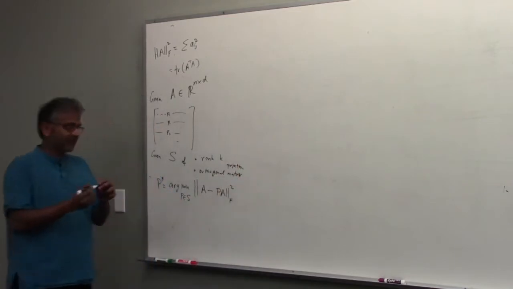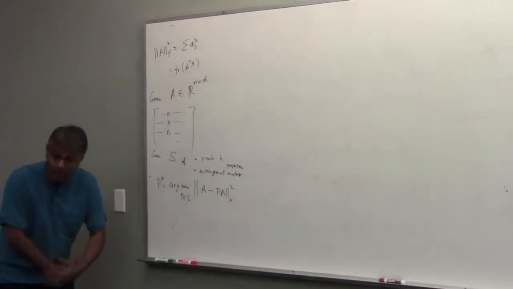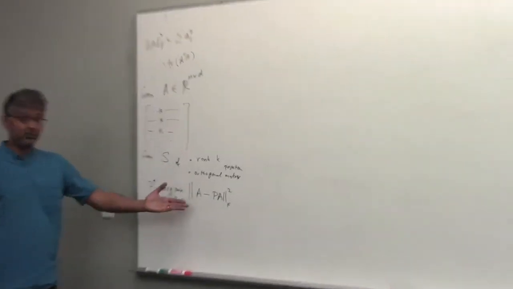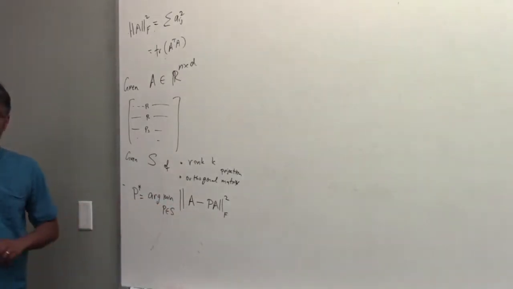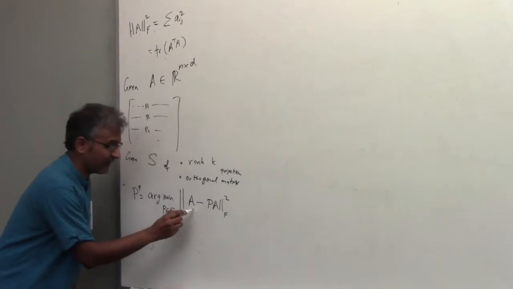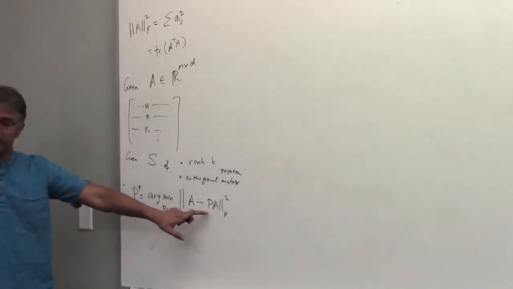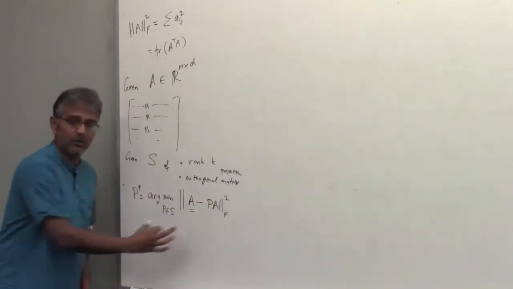So in other words, a fancy way of saying this is that if S is the collection of all rank K orthogonal projection matrices, then what am I trying to do here? So think of this as some kind of error term. I have the original matrix A. I have now modified it by doing this projection operation onto rank K. And I want to make this number small.